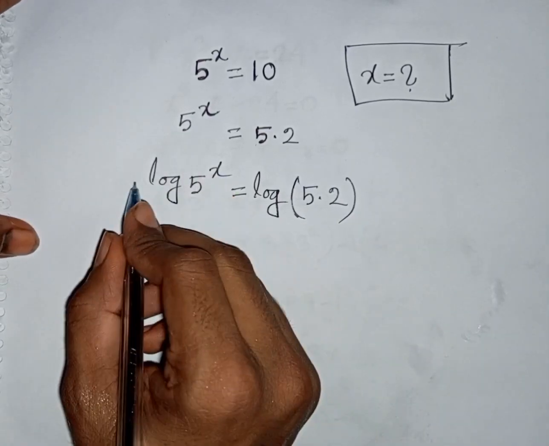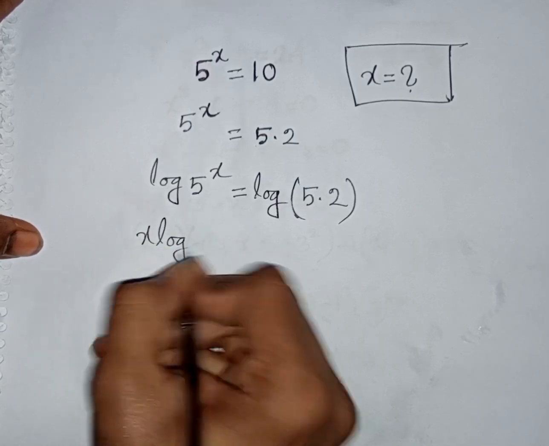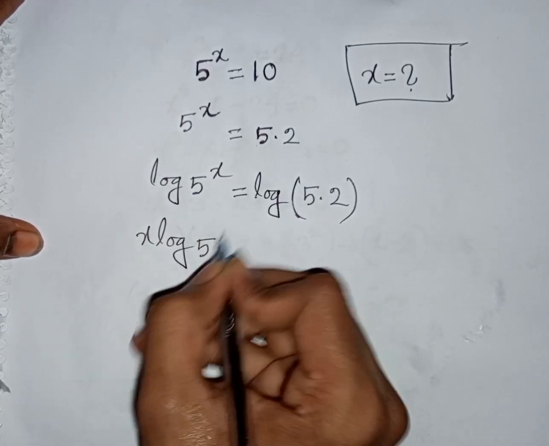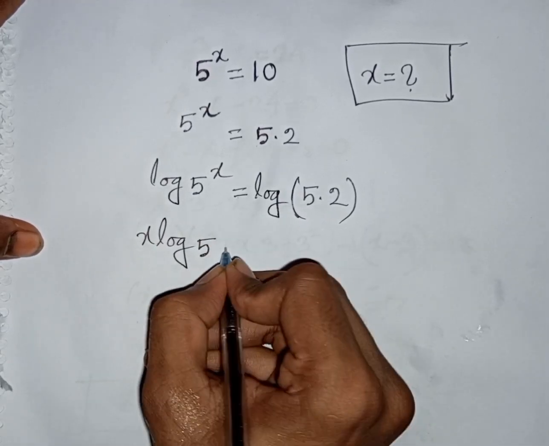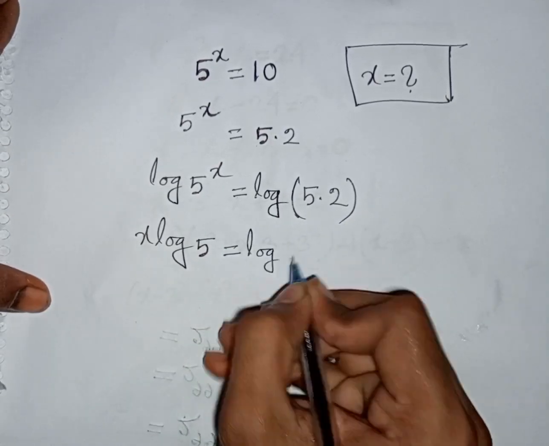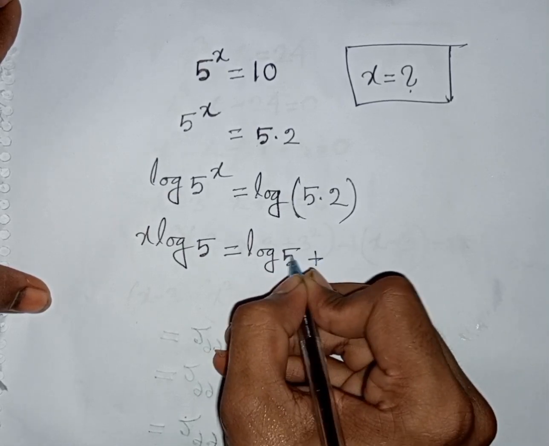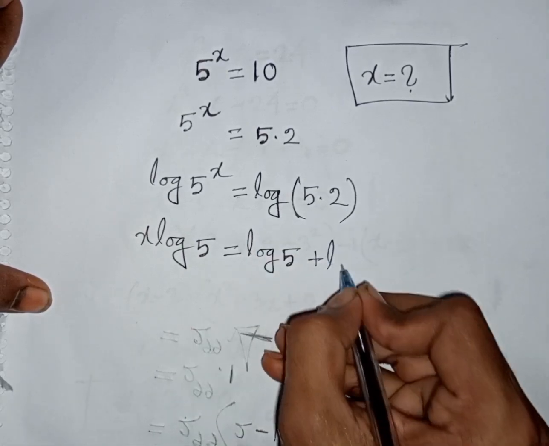Now this power x will move to the front, so you can write x log 5 is equal to log of 5 times 2, that means log 5 plus log 2.